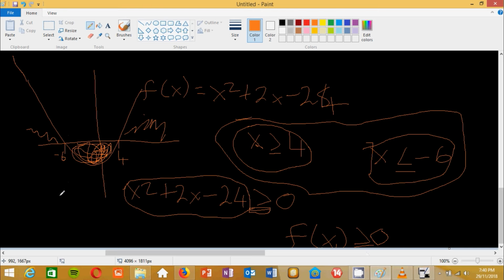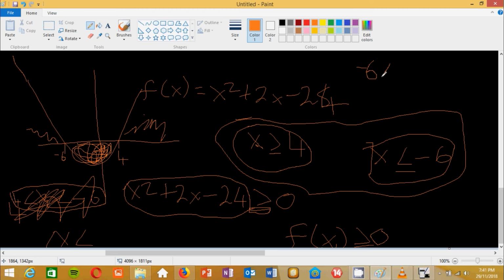So that's what happens. Just to conclude this video, what we're basically trying to say is, if we pick any x value that's greater than -6 but less than 4, or basically in this region here, it's not going to satisfy this quadratic inequality, because if we pick any x value in this region, our function f of x, or our function y, is going to be less than 0.